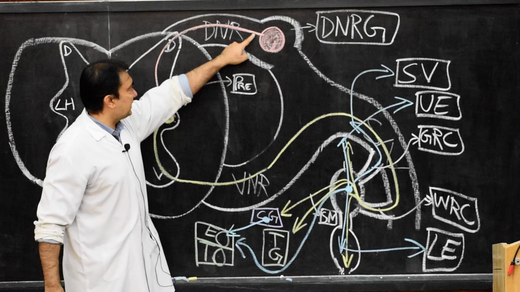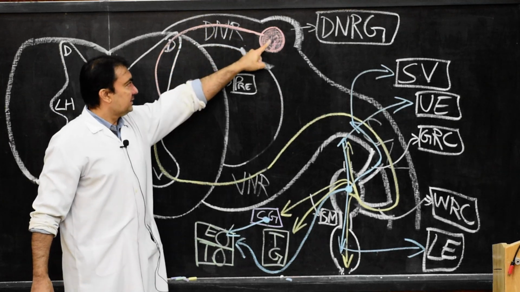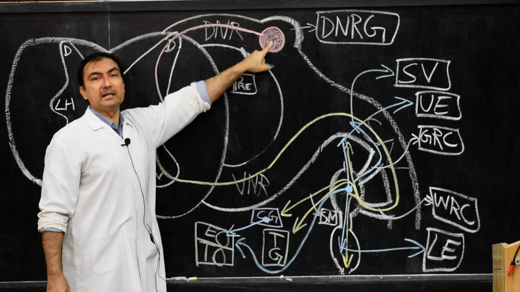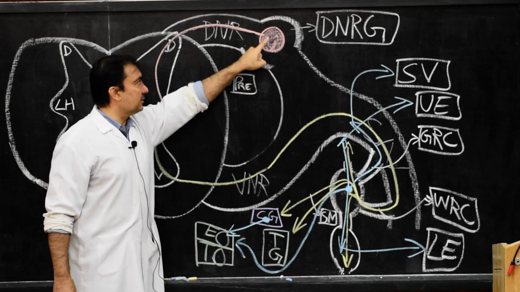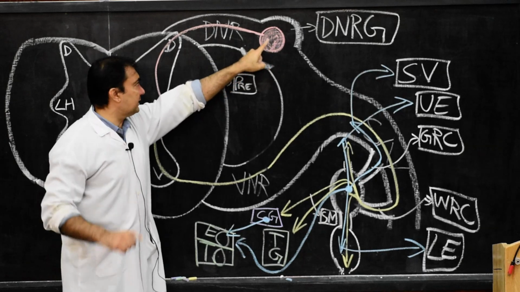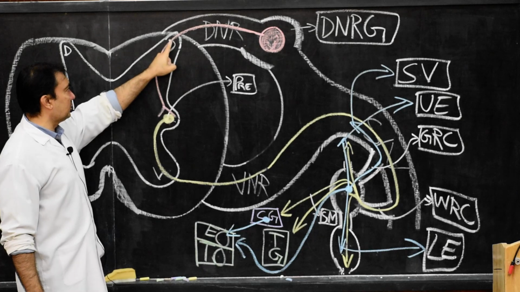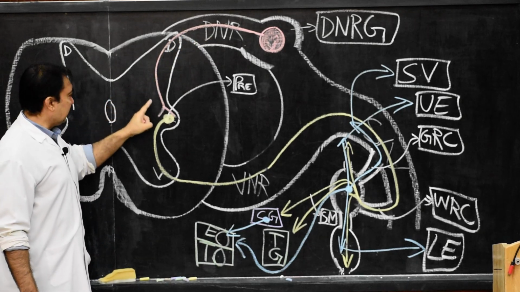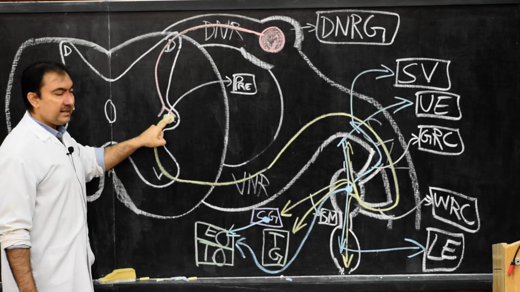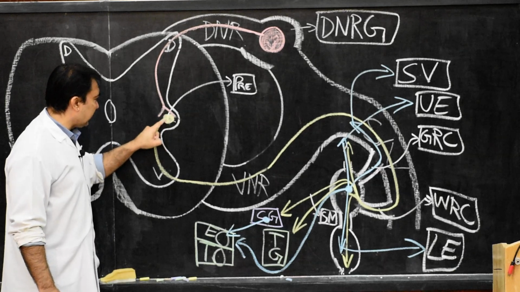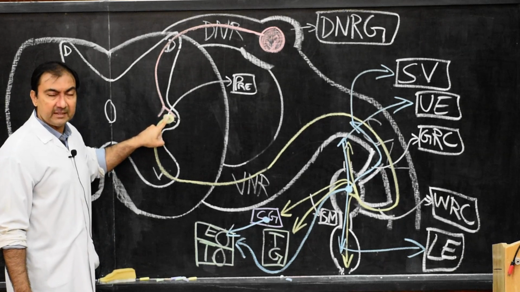But this is the central process of the cell body of the sensory component which is present in the dorsal nerve root ganglion, one particular neuron. The central process passes through the dorsal nerve root of the spinal nerve root, then through the dorsal gray horn, and then it will synapse with the lateral horn cells. And of course we know in the lateral horn cells there are the preganglionic motor neurons, sympathetic, they belong to the same sympathetic system.